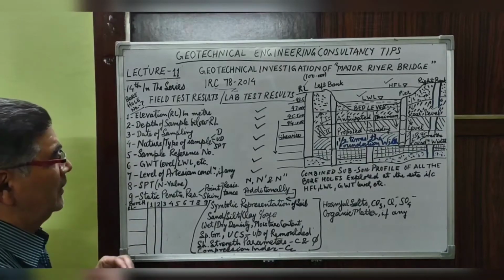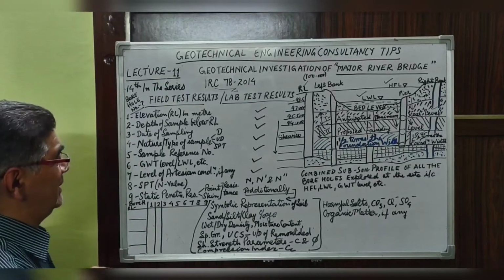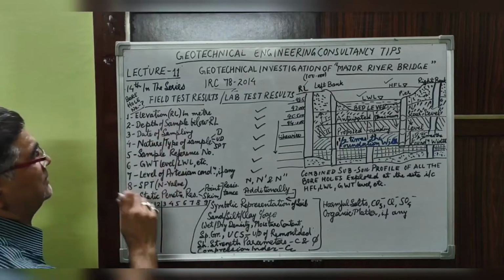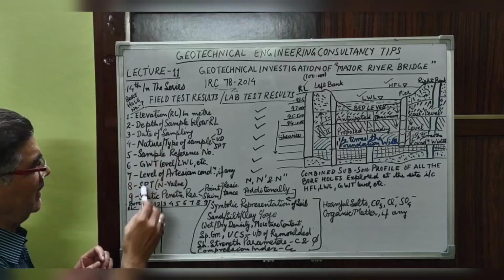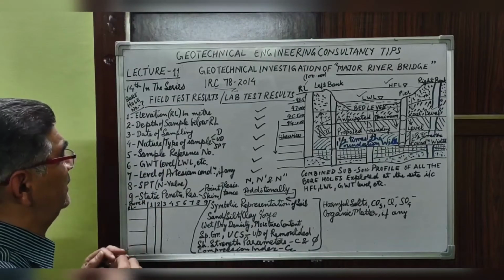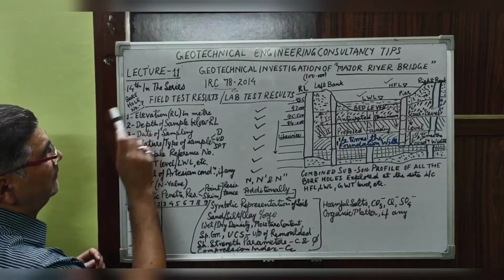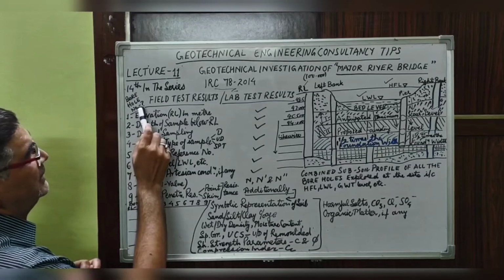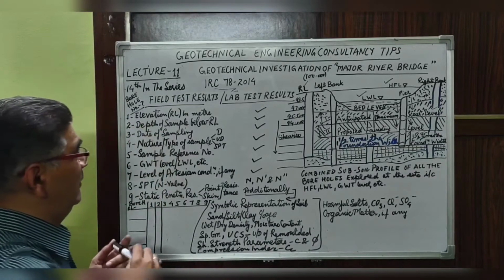Now, what needs to be done is, in the field test results, these are the 9 points which necessarily need to be included. Number 1 is we have to indicate the borehole number.